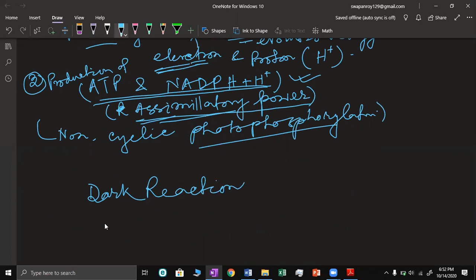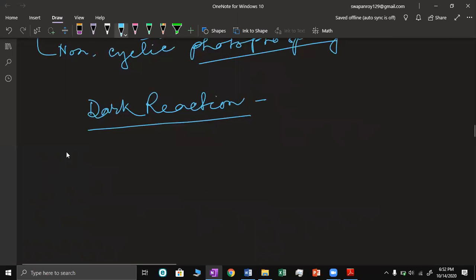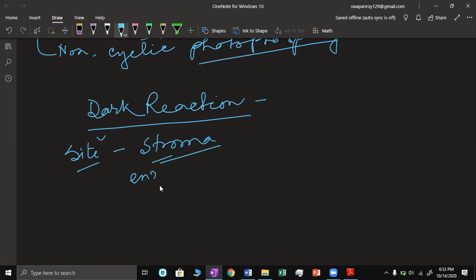The site of the dark reaction is the stroma of the chloroplast. Here it contains all the enzymes required for the dark reactions.